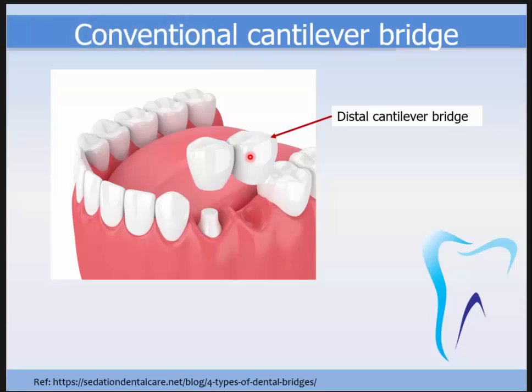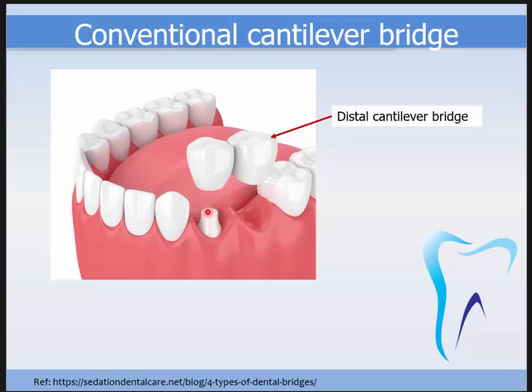Then we have the conventional cantilever bridge. Again, cantilever means you only use one abutment to secure your prosthesis. Okay, one abutment. If it's two abutments, we call it a fixed bridge. So a conventional cantilever bridge is where you need to prep your abutment like a crown, into a smaller size.